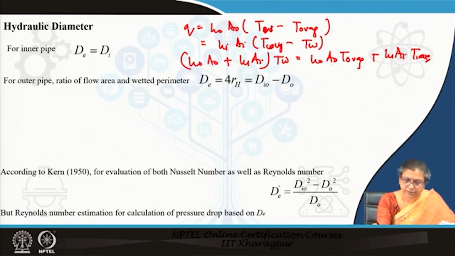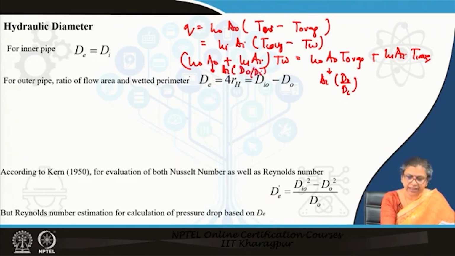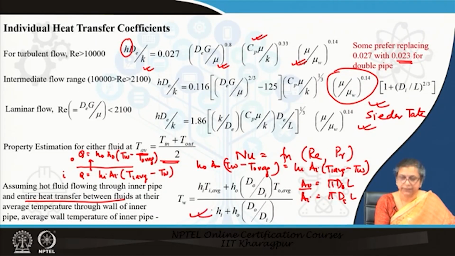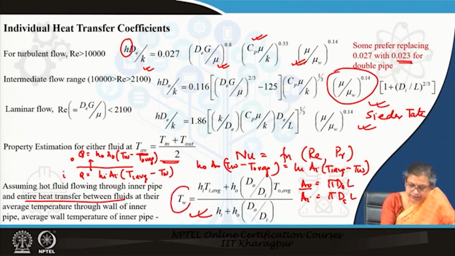Now, for these AO you can replace them with AI DO by DI. Here also you can replace it with AI DO by DI, and then if you substitute all this, you can get an expression for TW which is given in this particular expression. So, you can work it out yourself. You find that under this condition you get the average wall temperature.